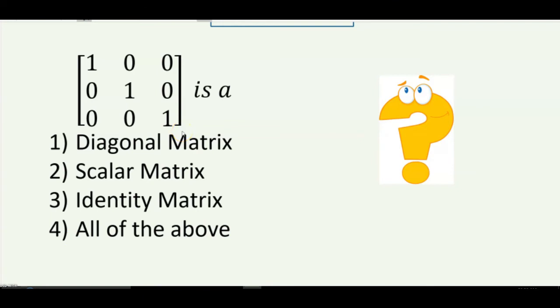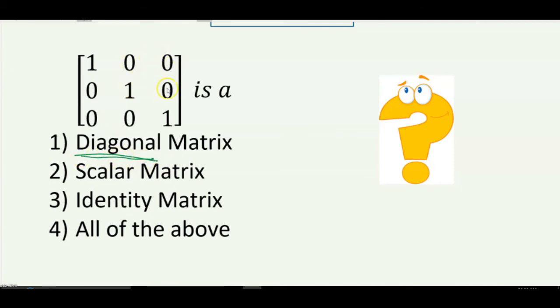I know that you are having a doubt in this question, that some of you are just saying yes, the answer is 3, this is an identity matrix. But my question is, why not it is diagonal? Why not it is scalar, right? According to the definition we have discussed, what was the diagonal matrix?